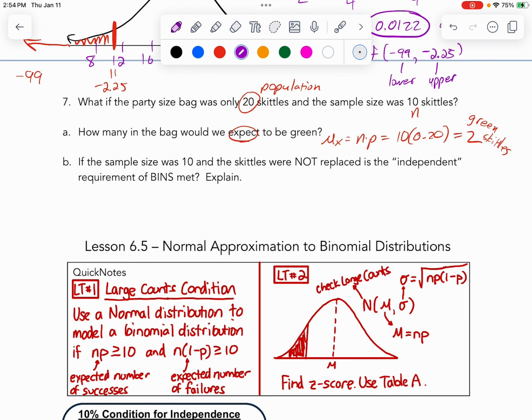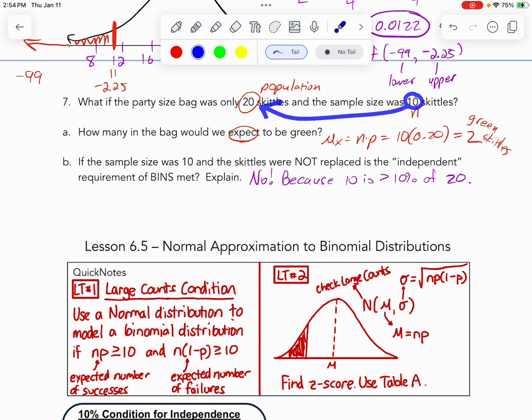The answer is no. It's because 10 is greater than 10% of 20. Meaning I'm taking away 10 Skittles? That's half the Skittles.